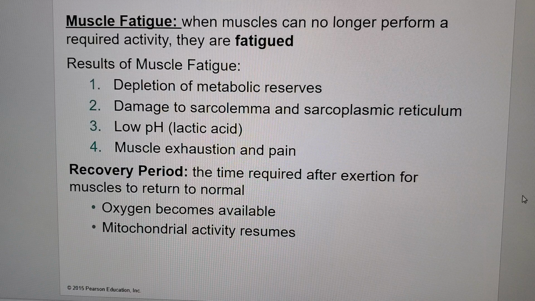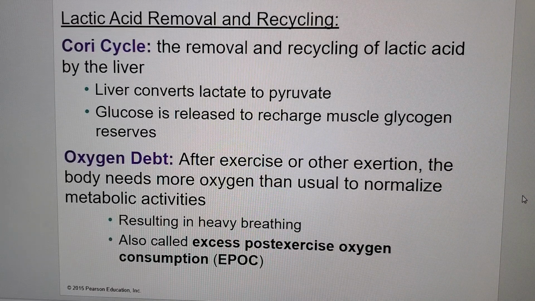The recovery period is the time that's required for the muscles to return to normal after exertion. The oxygen is going to be available like normal, homeostasis, and the mitochondrial activity is going to resume. The Cori cycle is the removal and recycling of the lactic acid.